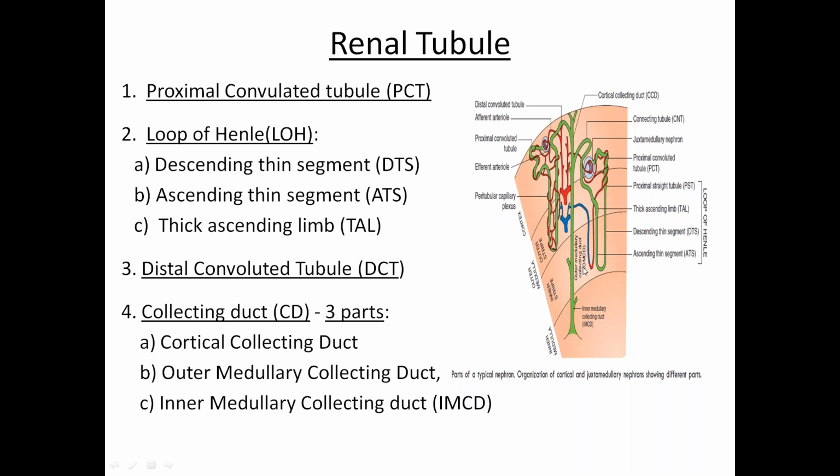The outer one is present in the outer medulla, and the inner medullary collecting duct is present in the inner medulla. Several inner medullary collecting ducts coalesce together to finally open at the tip of the renal papilla. At this point, several medullary collecting ducts coalesce, right at the tip of the renal papilla.